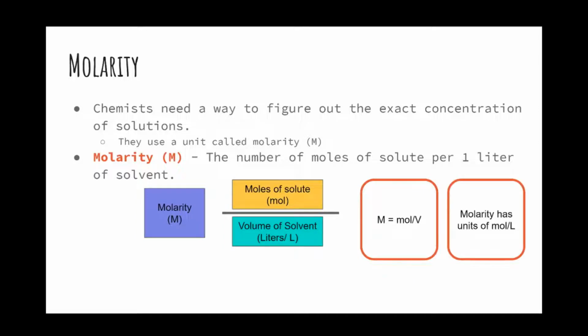Our units of molarity will always be moles over L. You can use either moles divided by L, or the capital letter M. Either one you can use. Let's see how this equation can be used in an example.